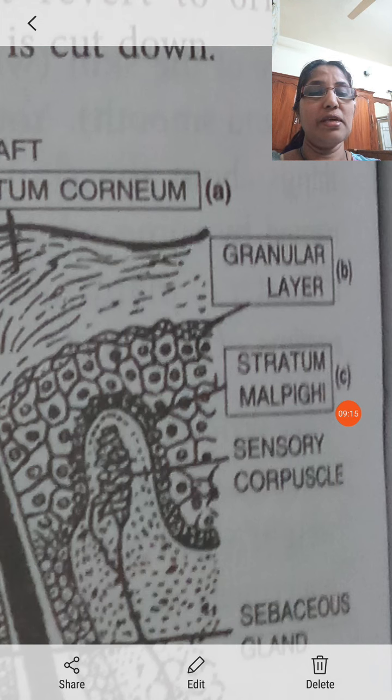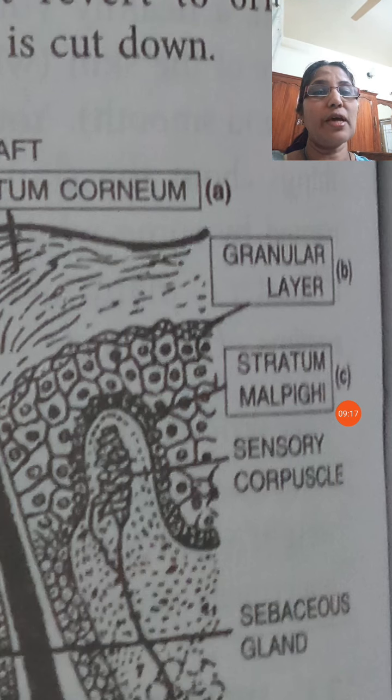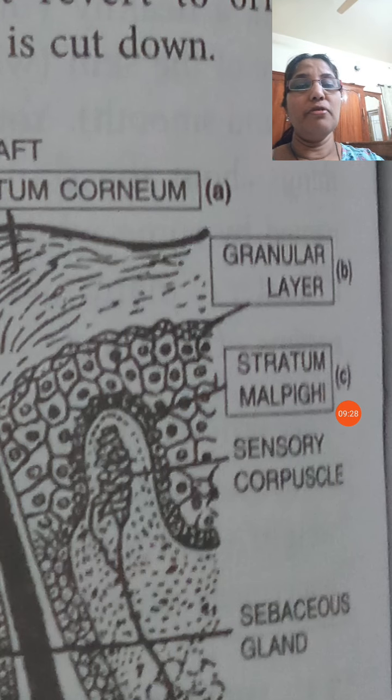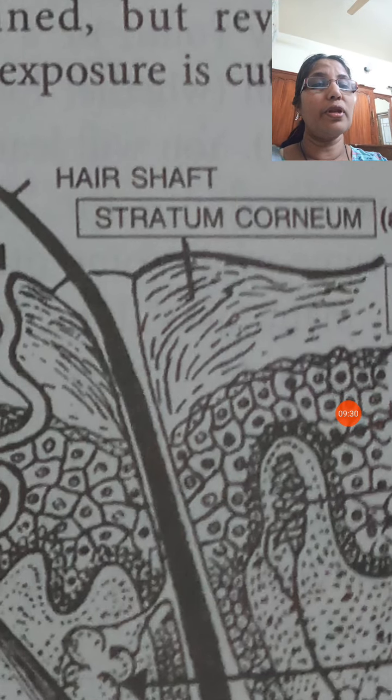From this layer new cells are produced and pushed outward. So from this stratum malpighi the upper layers are formed. Finally the stratum corneum consists of dead cells that are produced from the lower layer.